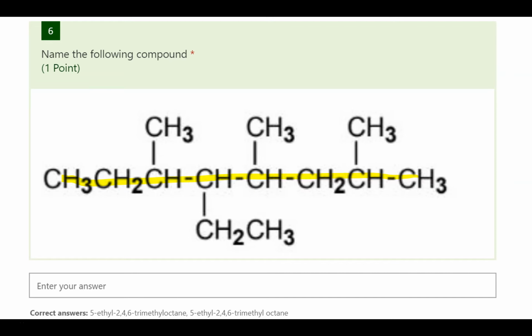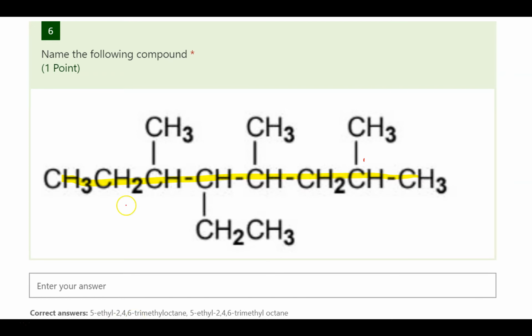We want to number it so that when we add all these up for our ethyls and methyls, we have the lowest possible number, which means we need to start on... Actually, we'll number the methyls first. So we go to give them the lowest possible priority. And it doesn't matter. There's actually an error on the answer here. And we corrected this when we marked it.